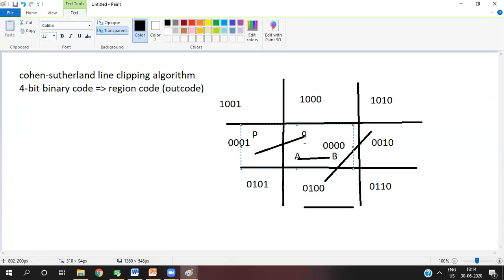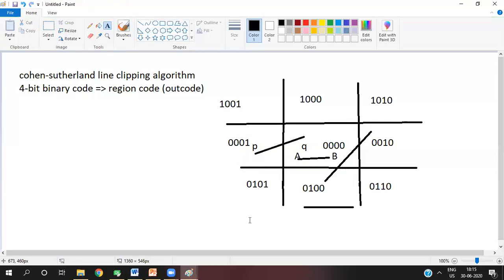For PQ, the region code for P is 0001 and the region code for Q is 0000. If you AND it, the output is 0 again. That means the line is either completely visible or partially visible. Then what about this line?